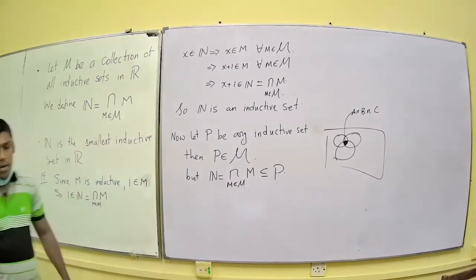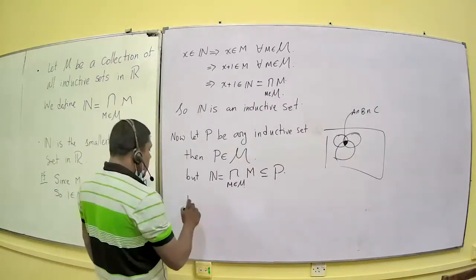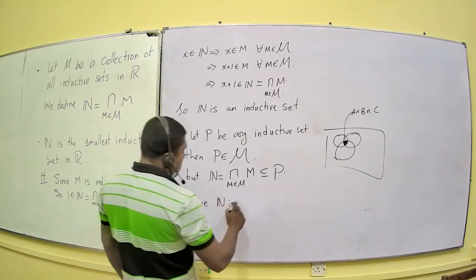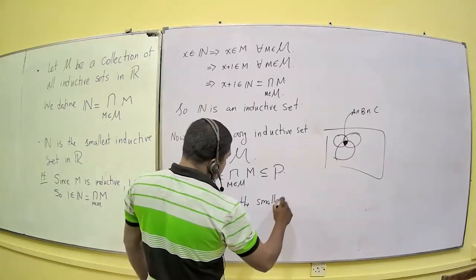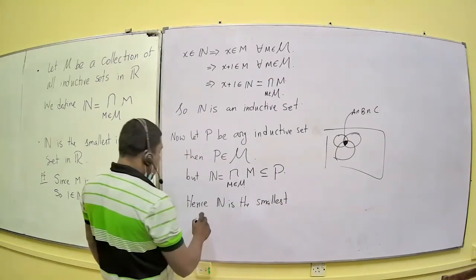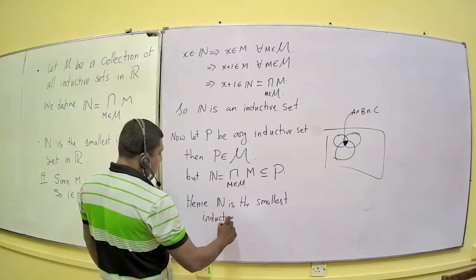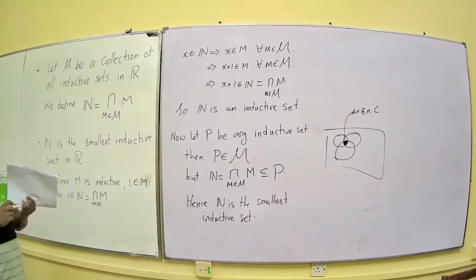So N is a subset of P. We show it for an arbitrary set, and hence clearly N is the smallest inductive set.